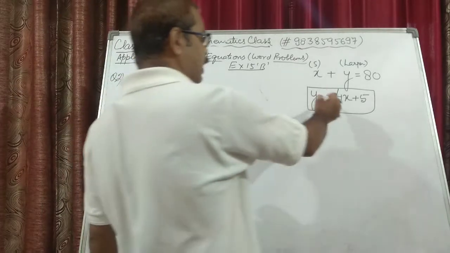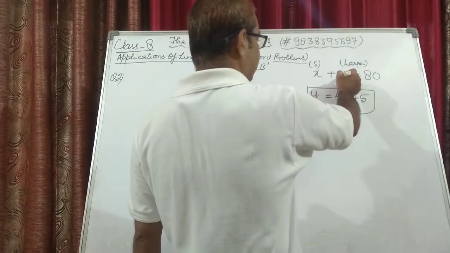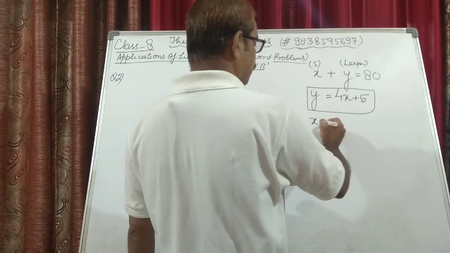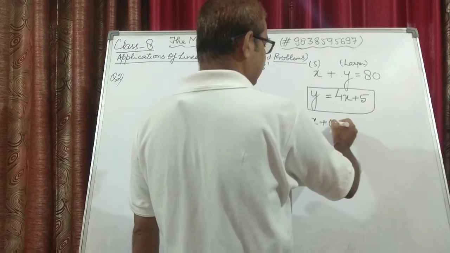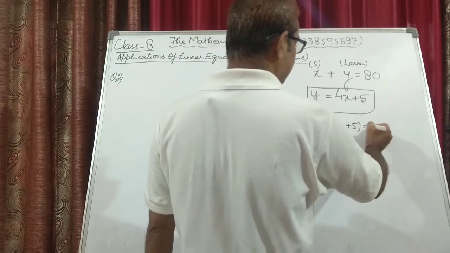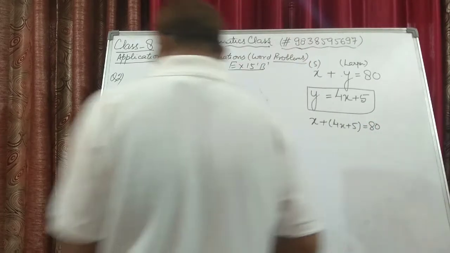From this we have got the value of y. It means this value of y can be substituted in the previous one, where x was the smaller number, plus the larger number 4x plus 5 is equal to 80. So how will we solve it?